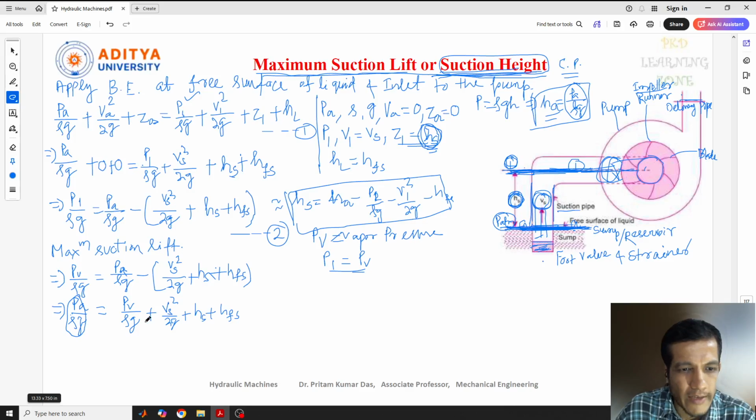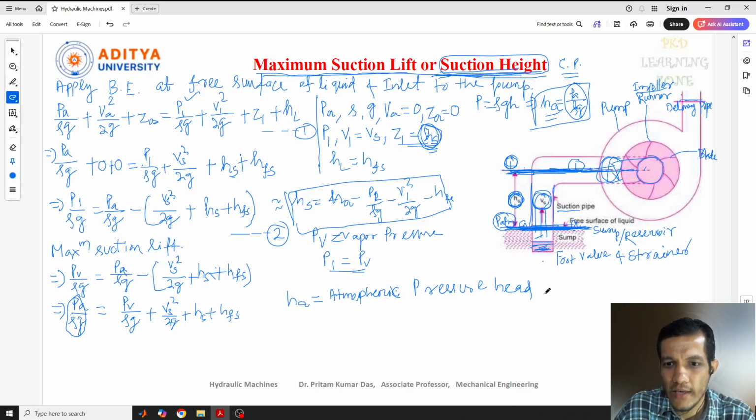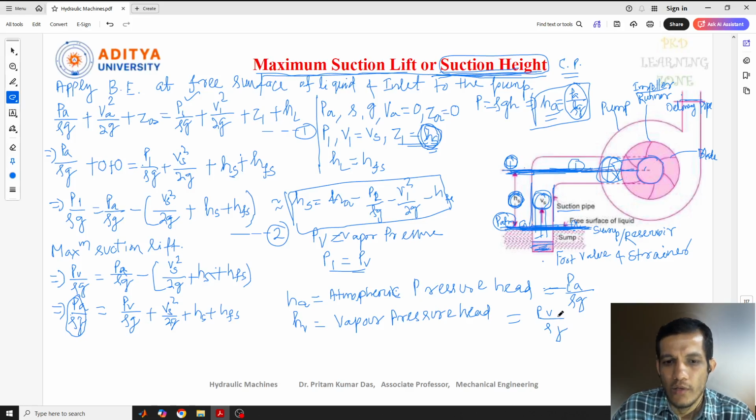HA is the atmospheric pressure head, PA by rho G. Similarly, HV is the vapor pressure head, which we can write as PV by rho G. You can use either small h or capital H; sometimes it is given as HA and HV.